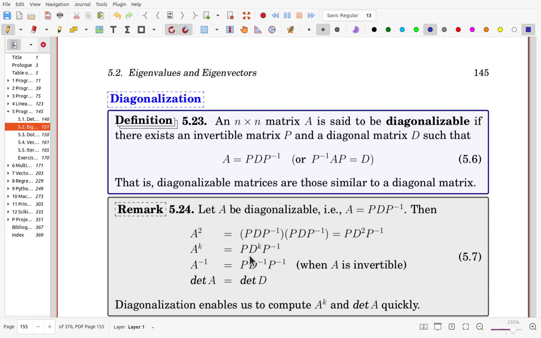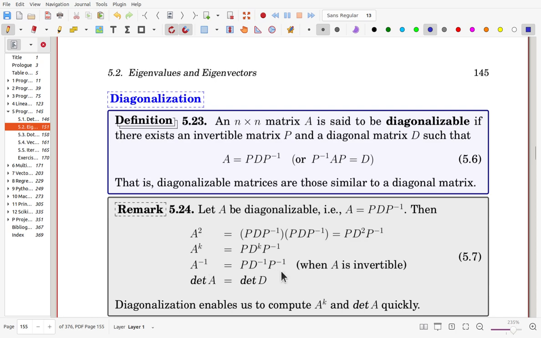Now, how about the inverse? If you take the inverse of the diagonal matrix, then we can get the inverse. Of course, the given matrix must be invertible.